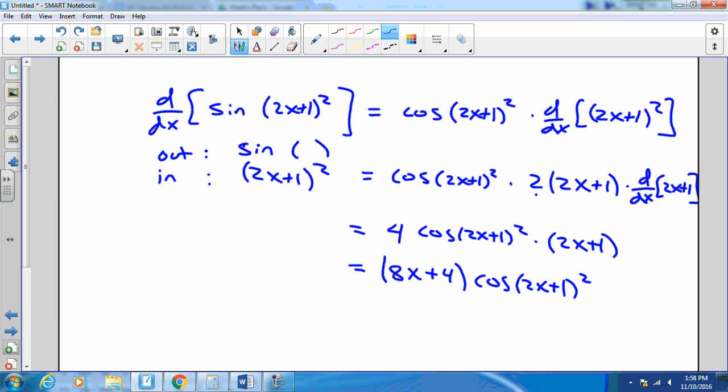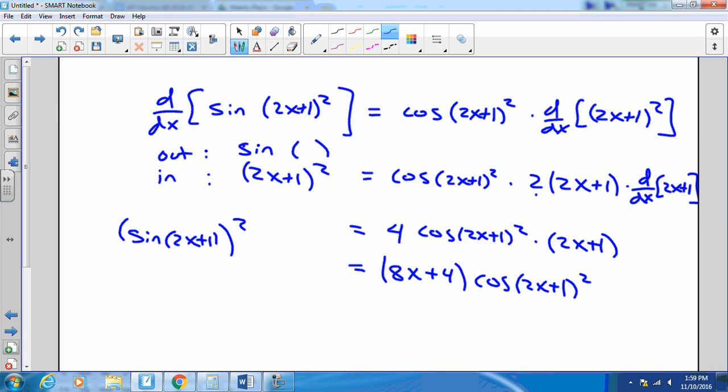Let's consider one that's actually in your homework tonight. Sine of 2x plus 1, squared. It looks like the outside is this. You're saying it looks like this?